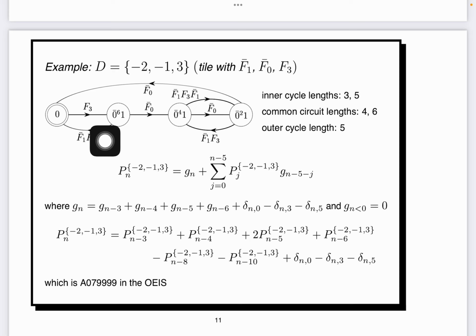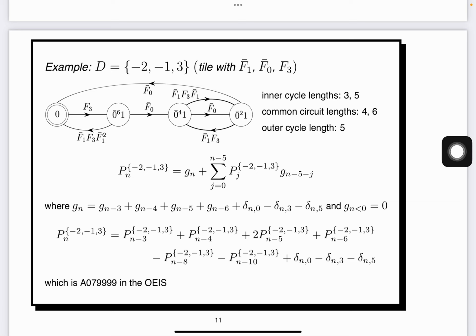Common circuits with this one, f3 f0 bar to here, and then we can either go this way and back, which gives us an extra 2 tiles, making a length of 4, or we can go this way and back, which will give us an extra 4 tiles and a length of 6. And there's just one outer cycle, which is this one from here round to here, which has 5 metatiles in total.